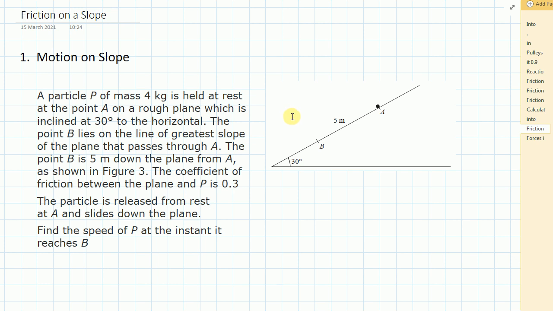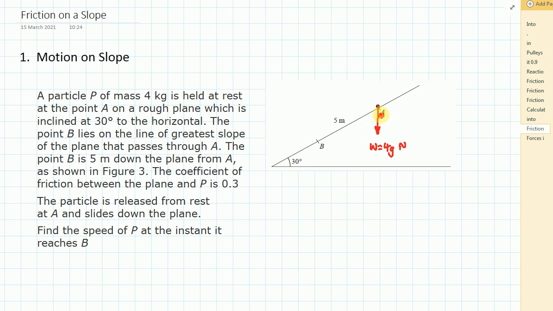Particle of mass 4 kilograms. Now, let's add to the diagram they've got, and we'll probably review it and change it in a moment. So let's put the mass in. We've got 4g, a weight of 4g newtons pushing down, on the plane at 30 degrees. So we need to quickly think, where is there another 30 degrees?